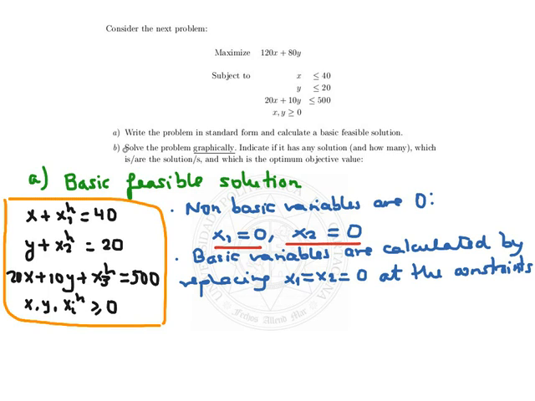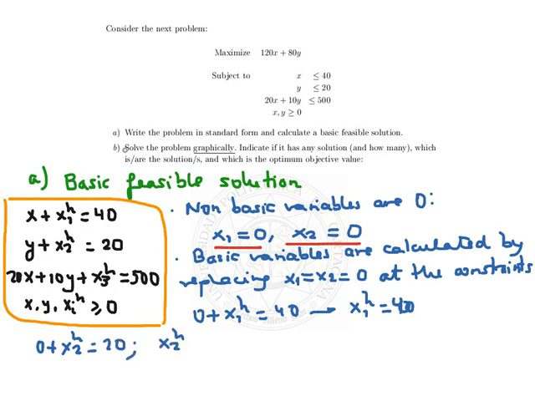So in the first constraint, we have 0 plus x1h equal 40, so x1h is 40. In the second constraint, 0 plus x2h is 20, so x2h is 20.